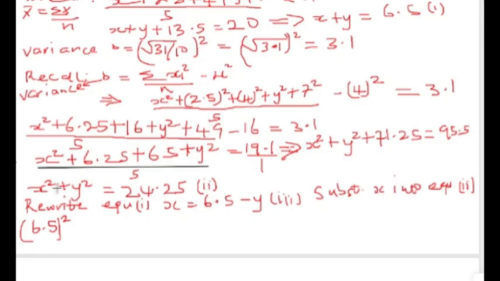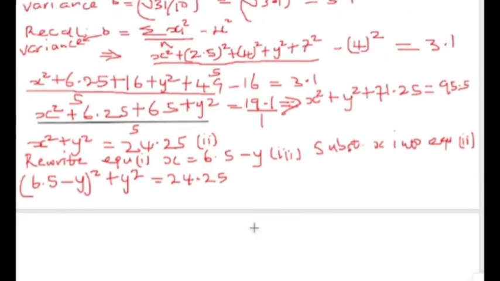So instead of writing x squared, I write 6.5 minus y, everything squared, plus y squared, everything gives me 24.25. So this is pretty neat. All we need to do is to expand that.